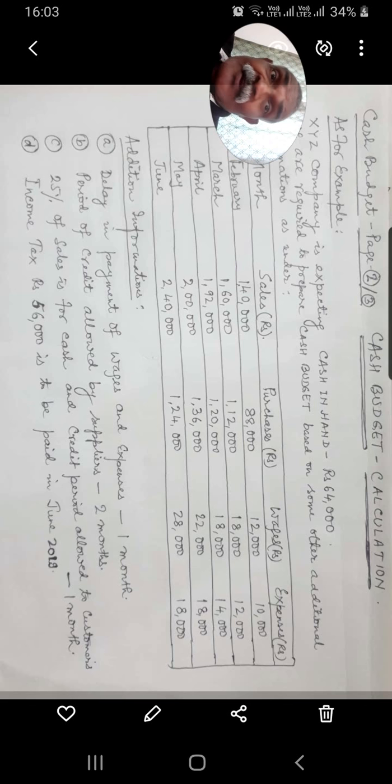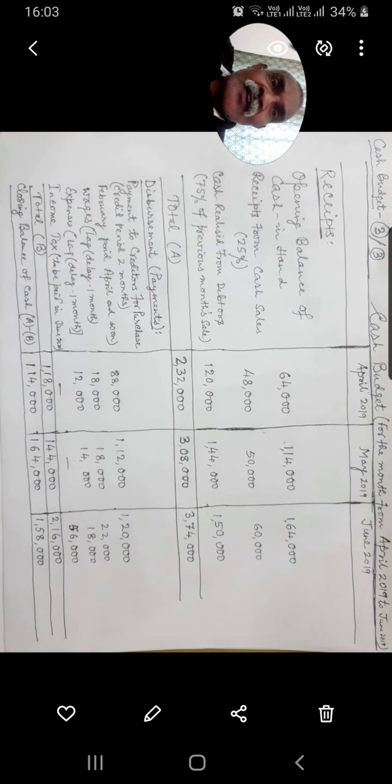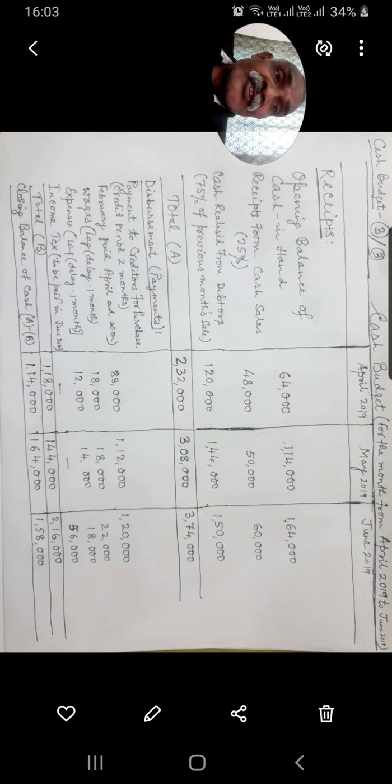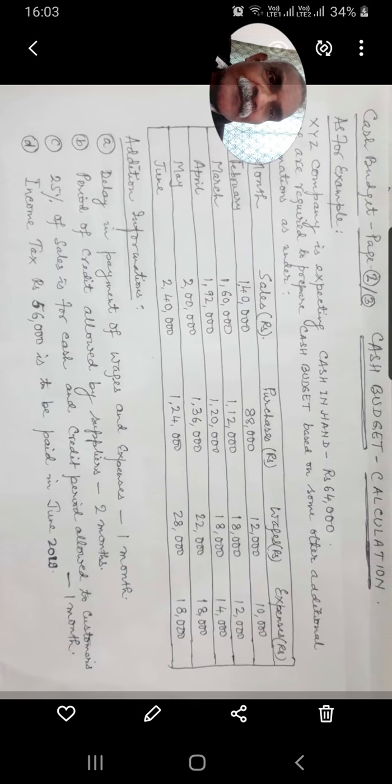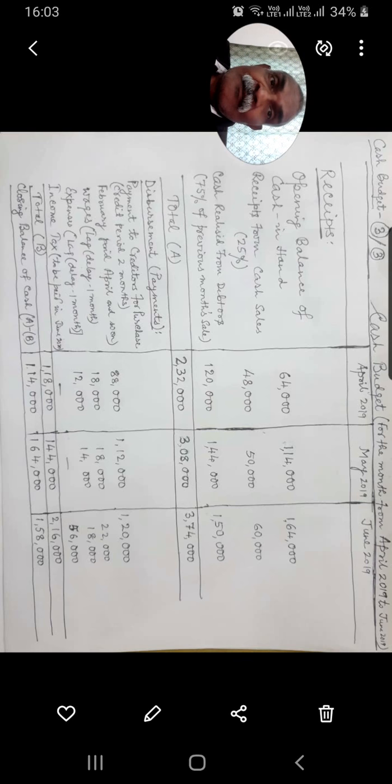Then 75% of 1,60,000 is 1,20,000. So 1,20,000 you will receive in the month of April. Out of 160, 40,000, the 25%, you have received in the month of March only, and the remaining 1,20,000 rupees you will receive in the month of April.